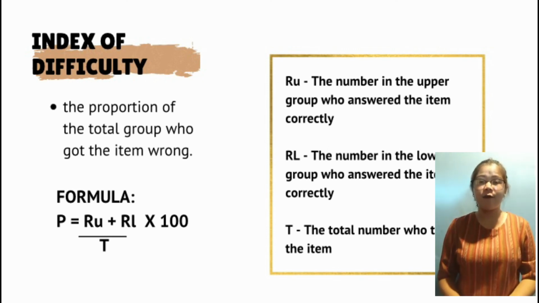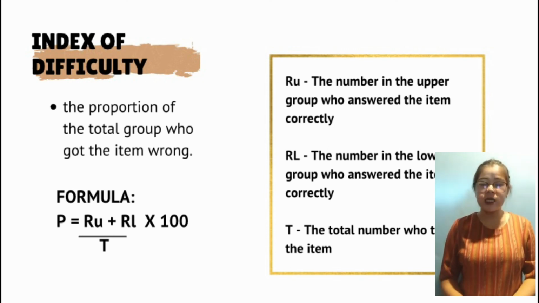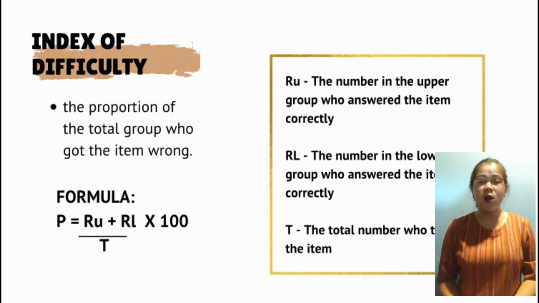So the formula of index of difficulty is P = (RU + RL) × 100 / T. The P is the P value. RU is the number in the upper group who answered the item correctly. Then the RL, the number in the lower group who answered the item correctly. And the last one, T, is the total who tried the answers.